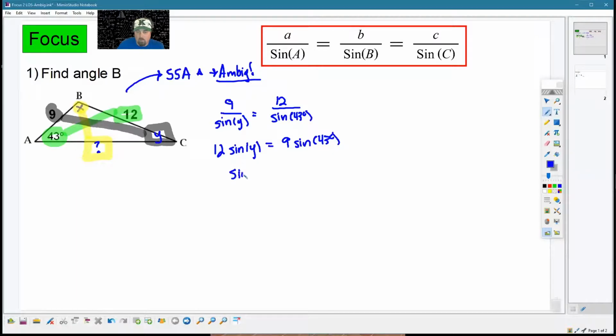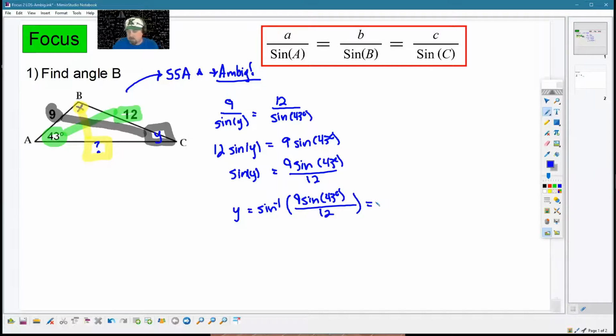We'll continue to solve this. Divide the 12 to the other side. So we get 9 sine of 43 divided by 12. And finally, that angle y is going to be the inverse sine of 9 sine 43 divided by 12.